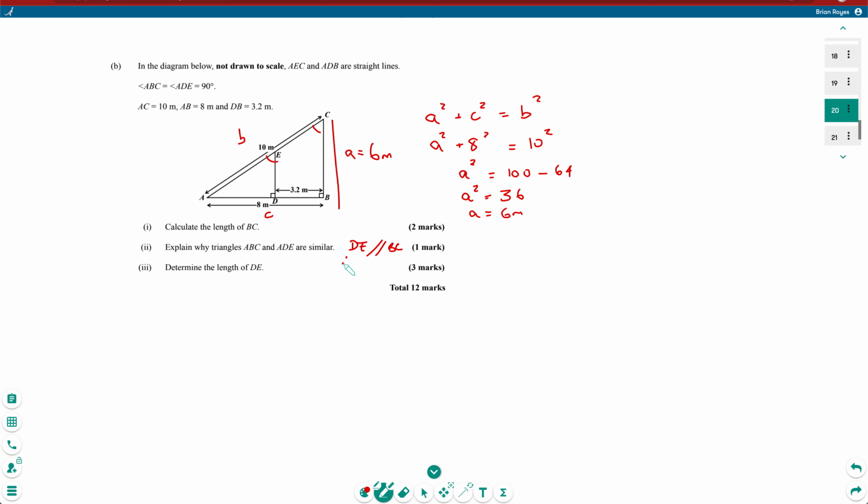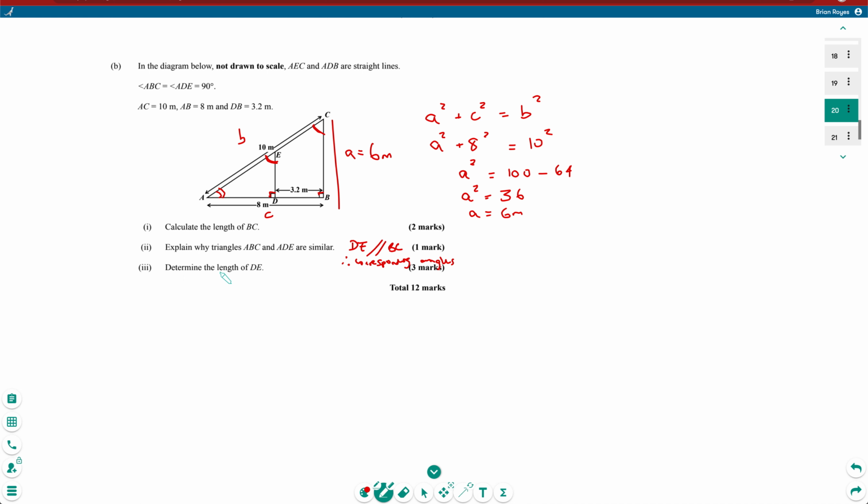Therefore, these angles are now forming what we call F angles or corresponding angles. Corresponding angles. Now what this means is that all of the angles inside these two triangles are the same. And if all the angles are the same, then we have similar triangles.